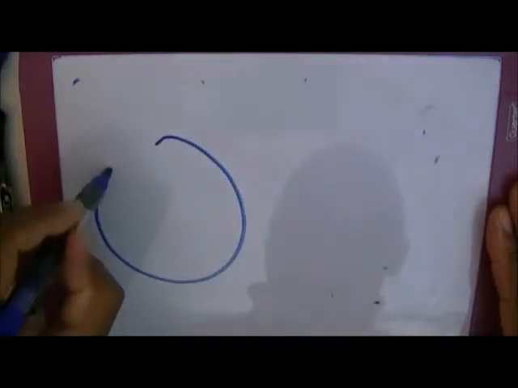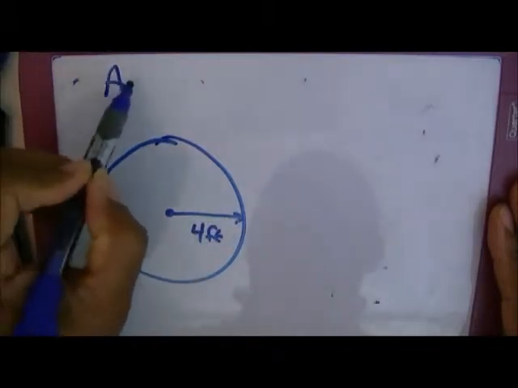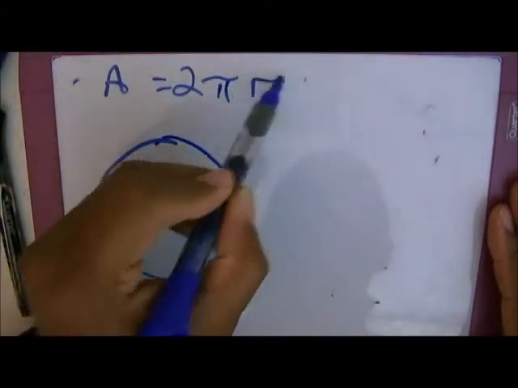Okay, next we're going to do area and perimeter of a circle. We have a circle with a radius of 4 feet. The area of a circle is equal to 2 times pi times the radius.